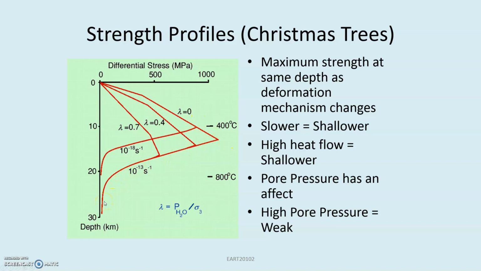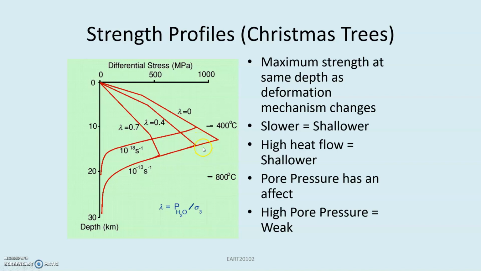You can see that the maximum strength of the lithosphere occurs where we get a transition from faulting and fracturing in the upper part of the lithosphere to plastic deformation in the lower parts. So this maximum strength occurs at the transition between the two.